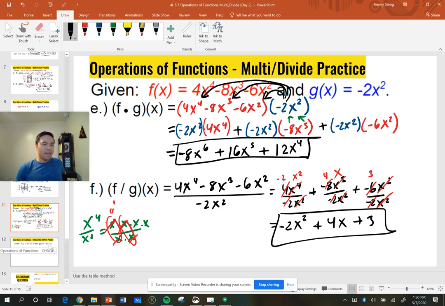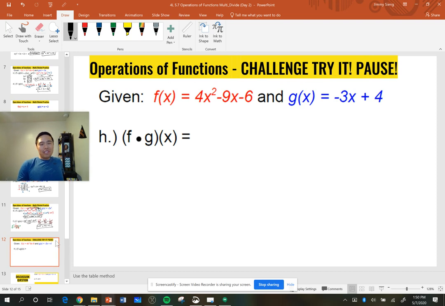That's pretty much it. We got one more. I want you to try this. This is the challenge, right? This is my challenge to you. Let's say I'm going to add this on to the question down below. If you get this one, I'm going to check each one of those. If you get it correct, I will give you 2 extra points. Does that sound worthy? I'll give you 2 extra points.